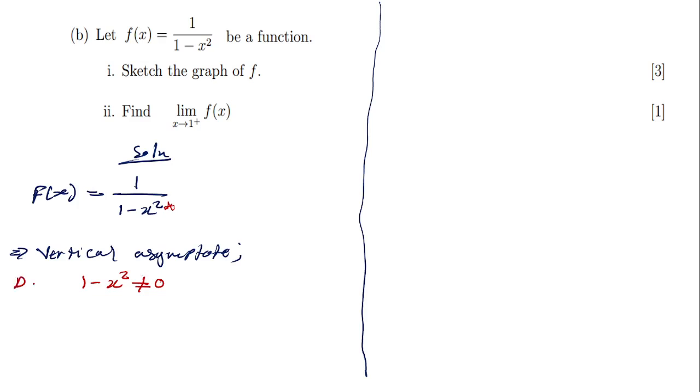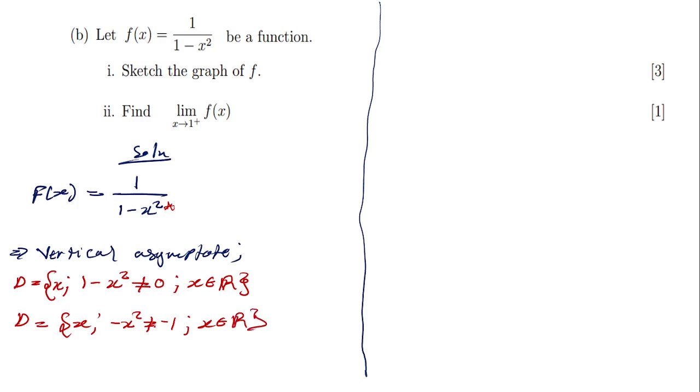Let me pick it up from there. I feel I have to re-explain this so that people will get the point. Then there you say domain is equal to x such that negative x squared should not be equal to negative 1, such that x is a member of real numbers.